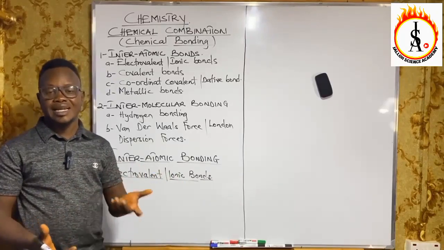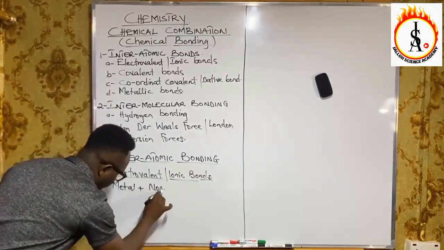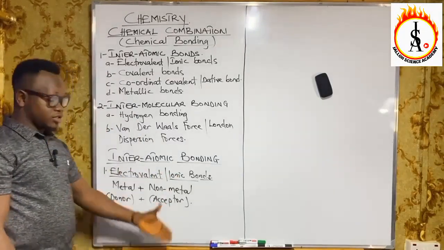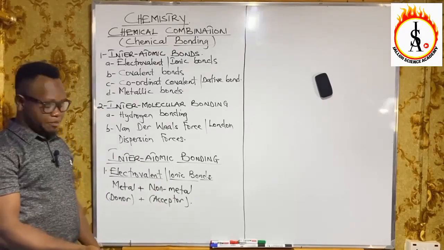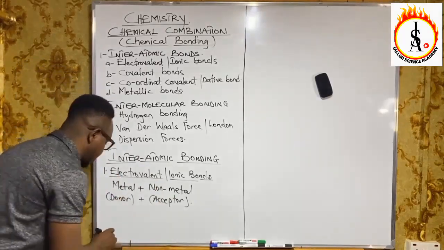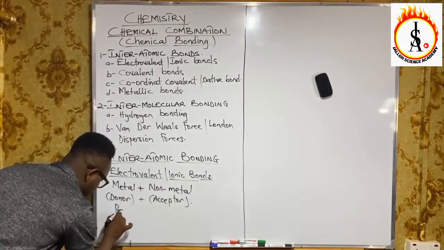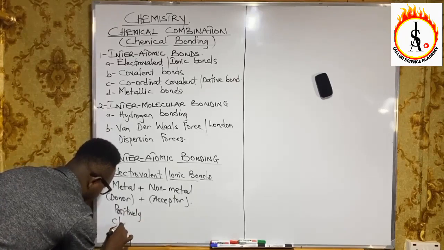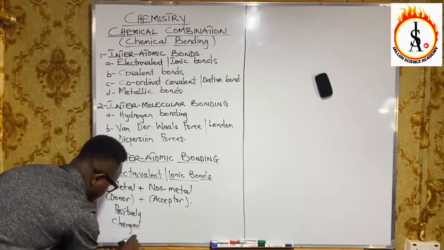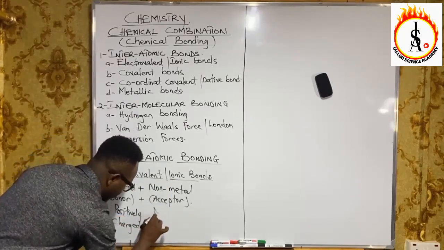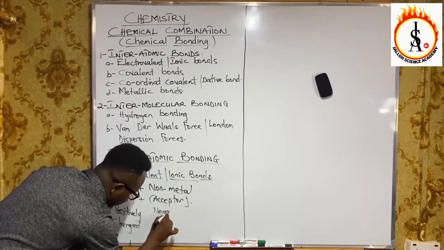We refer to it as an anion. So the metal is the donor, the non-metal is the acceptor. As the metal donates after losing electrons, it becomes positively charged, and the non-metal after accepting electrons becomes negatively charged.